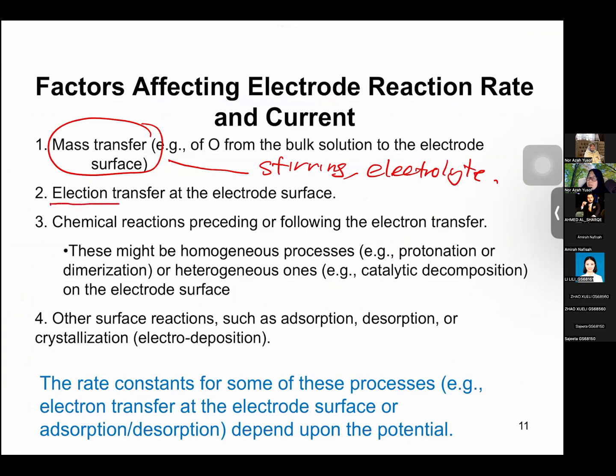And the second one: after they move and have arrived at the electrode surface, the electron transfer must happen at the surface of the electrode. This is also something that you have to think about, to make sure that the electron transfer will be a very fast process.